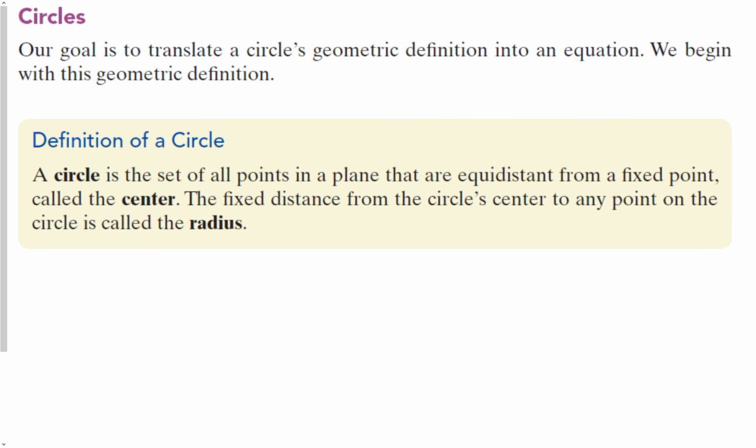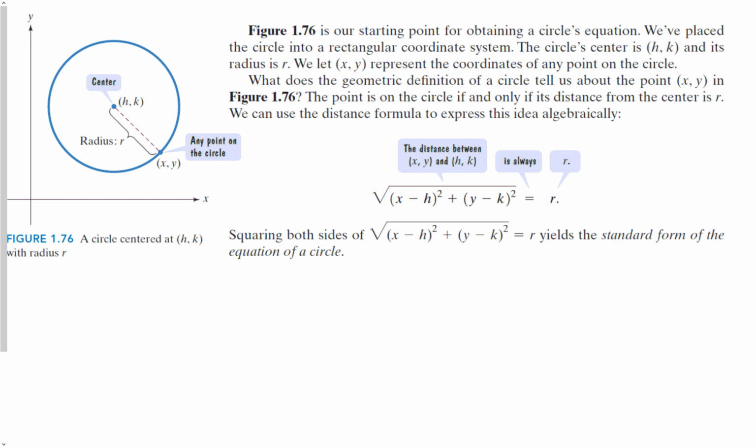So with this in mind, you can draw a little figure and figure out how to get the equation of the circle. So figure 1.76 is our starting point for obtaining a circle's equation. We've placed the circle into a rectangular coordinate system, xy plane. The circle center is right there, h comma k, and xy represents any point on that whole circle.